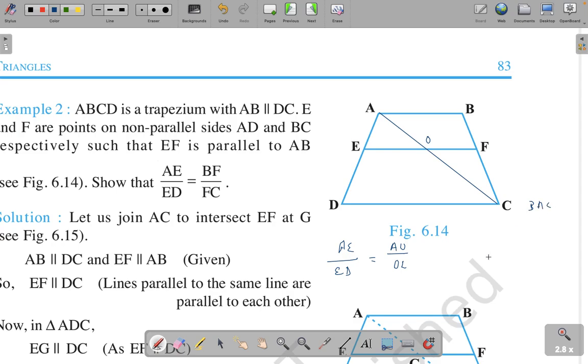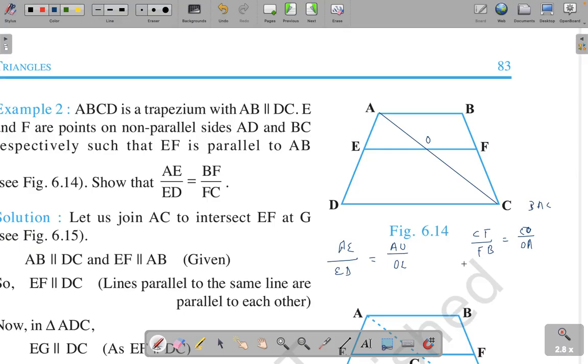FO is parallel to BA. So we can tell that CF upon FB equals CO upon OA, right? So now you can see this is AO upon OC and this is CO upon OA.